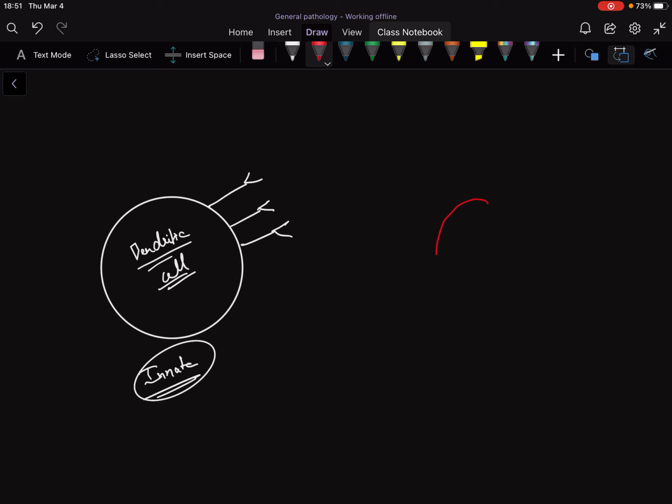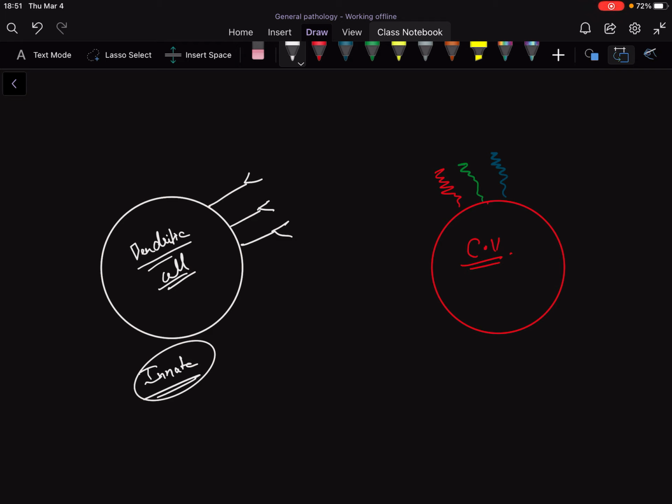Suppose we draw another cell here, and this cell is a coronavirus, and this coronavirus has certain patterns: this is a red pattern, this is a green pattern, and this is a blue pattern. These dendritic cells will attack those patterns.